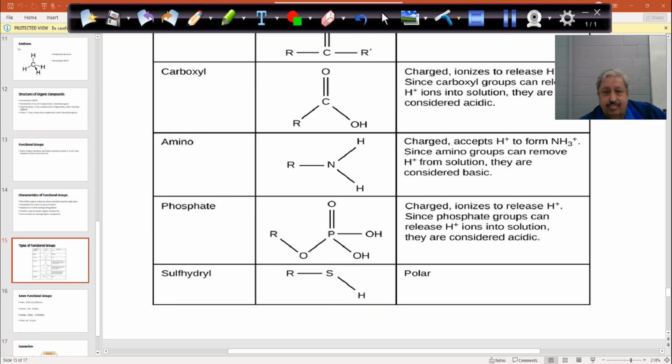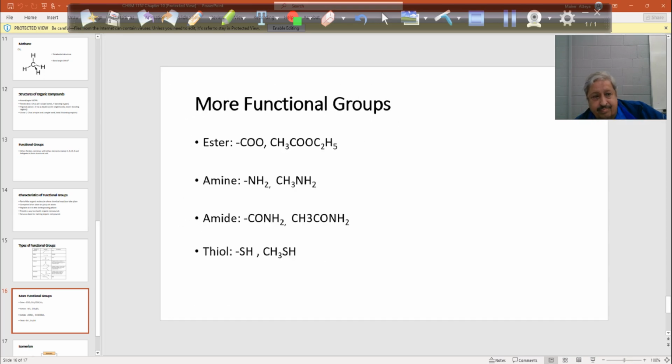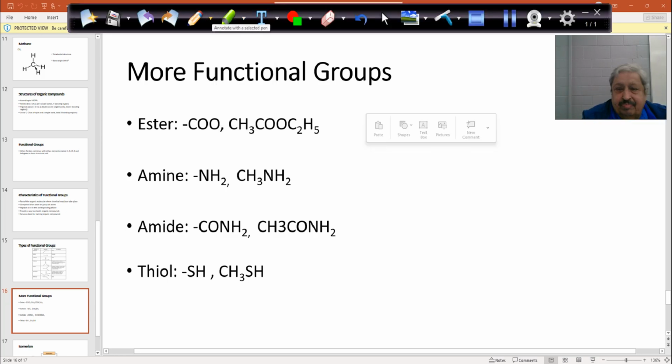Okay, guys, that's one more functional group. As I said, that's just an example. And then we have the ester group. As you will see later on, an ester is a combination of a carboxylic acid and an alcohol.